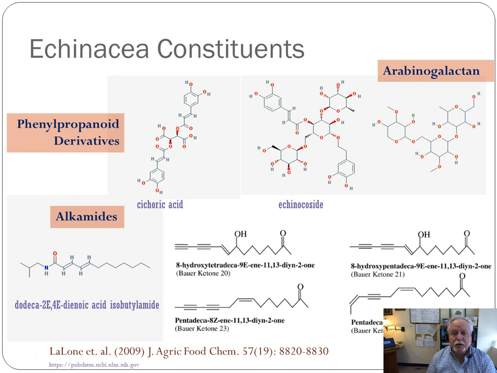So echinacea's got a very rich set of phytochemical constituents. You've got the phenylpropanoid derivatives, chicoric acids, echinacosides. You've got the arabinogalactan proteins. You've got the alkylamides, which are lipophilic compounds, and there's a whole set of them.